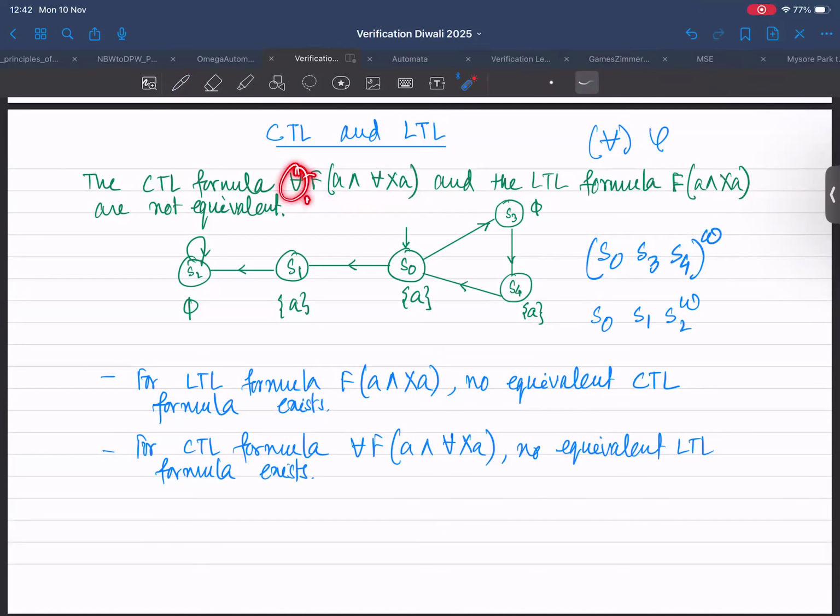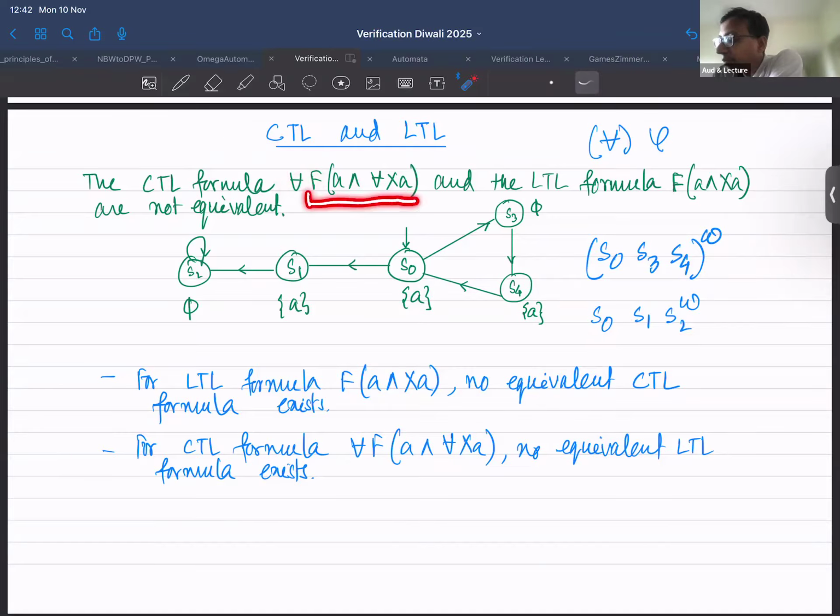Yeah, S3 is not an A, and we have a for all next. So you see that it says S0, S1, S2 omega. What do you think? Does anybody else want to suggest something? For all paths you have to satisfy. Now I choose this particular path.